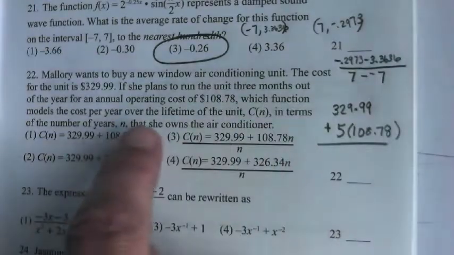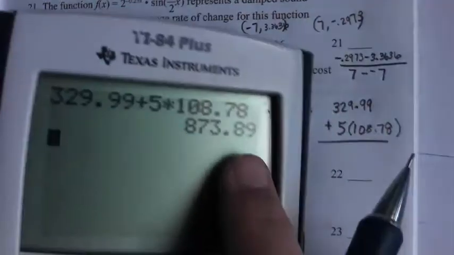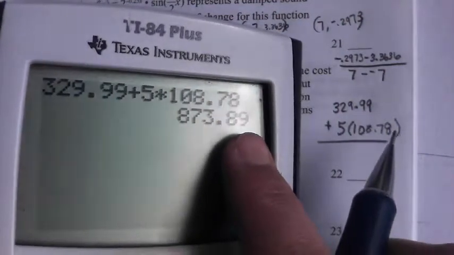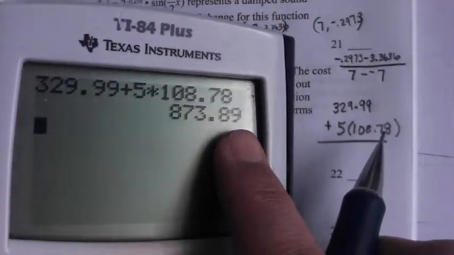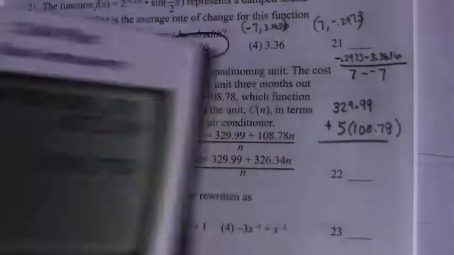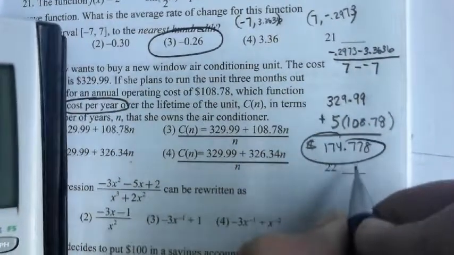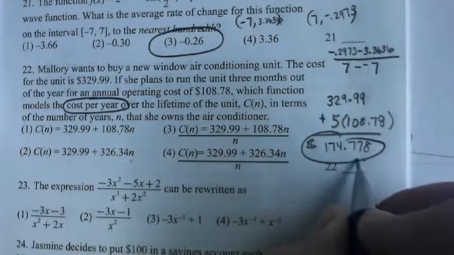This one's cost per year. So that is her total cost after 5 years. Yes? So her annual cost would be, dividing that grand total by the 5 years, $174.778. Average annual cost over 5 years when n is 5.